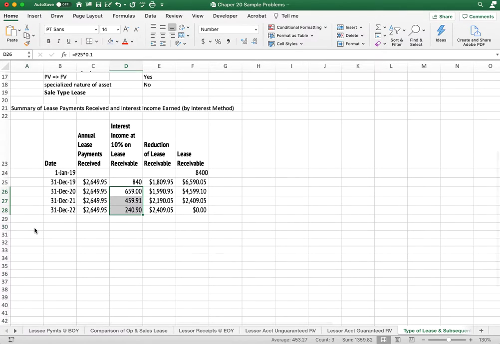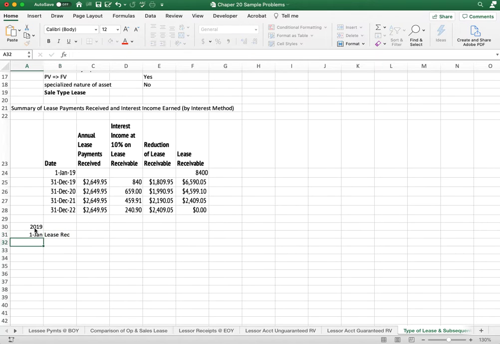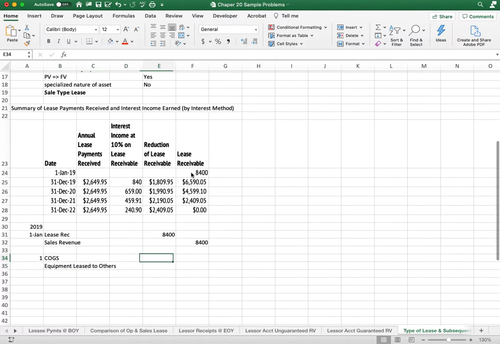So 2019, January 1st, we have a lease receivable and sales revenue equal to the $8,400. Also on the 1st, we need to debit COGS and credit our equipment leased to others for $8,400.